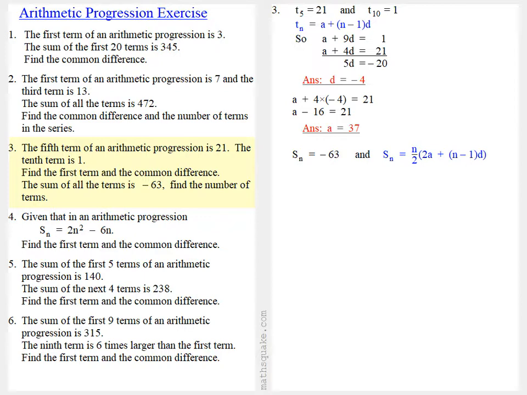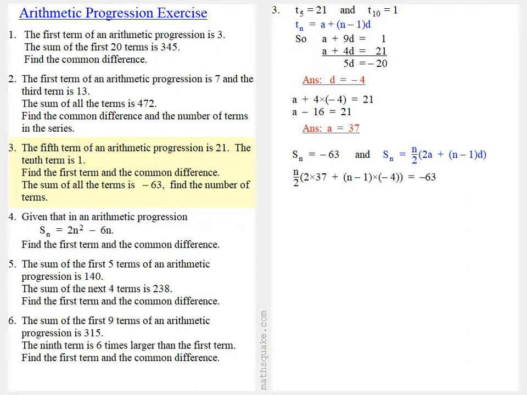And the sum of the first n terms is n over 2 into 2a plus n minus 1 times d. So if we substitute a as 37, d as minus 4 and Sn as minus 63, we get n over 2 into 2 times 37 plus n minus 1 times minus 4, and that's equal to minus 63.